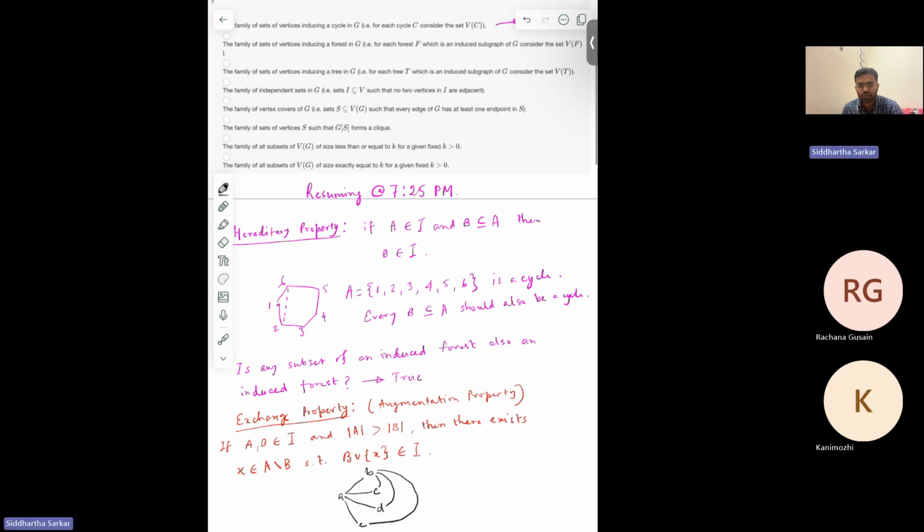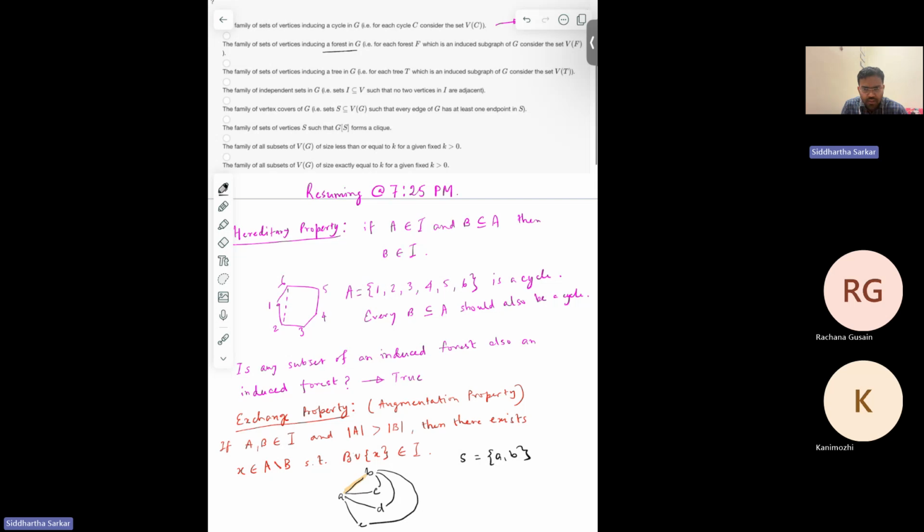So let's find an induced forest. Let us take S to be A comma B. The induced graph of A comma B is only this edge AB. So this is a forest, no cycles.